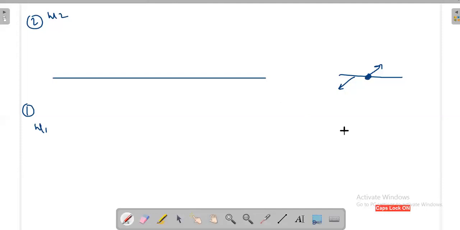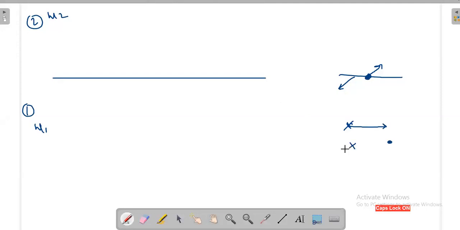Please remember from basics: if you are observing the tail of the arrow, that is a cross mark.